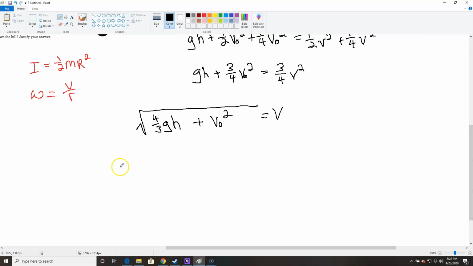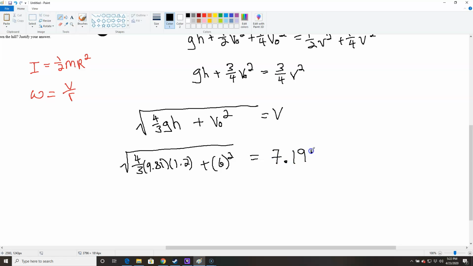So coming back here, square root 4/3 times 9.81 times 1.2 plus 6 squared equals, grabbing the calculator, square root of 4/3 times 9.81 times 1.2 plus 36. That whole quantity is under a square root, and I get 7.19 meters per second. That is your V final.